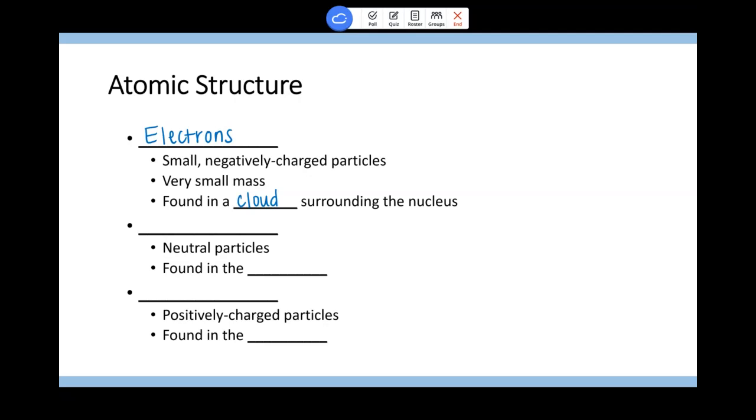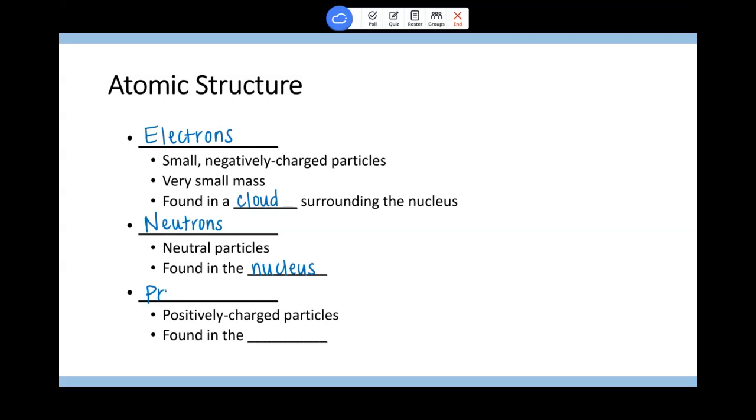The nucleus is the very center of the atom, and the nucleus holds neutrons. These are neutral particles. So they have no charge. They're found in the nucleus.